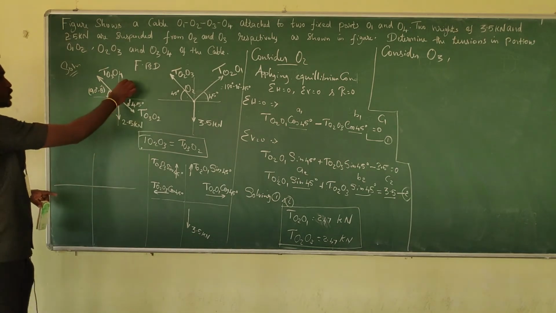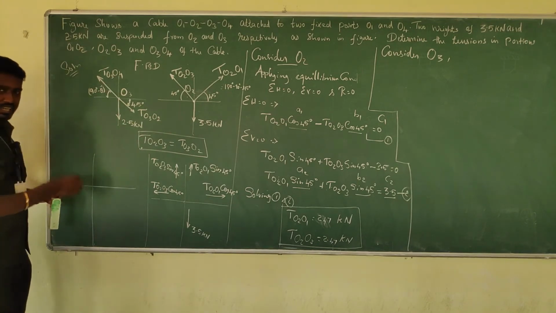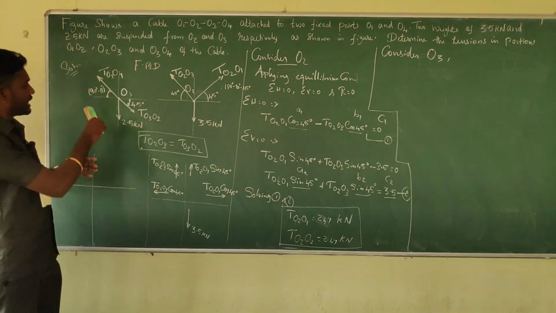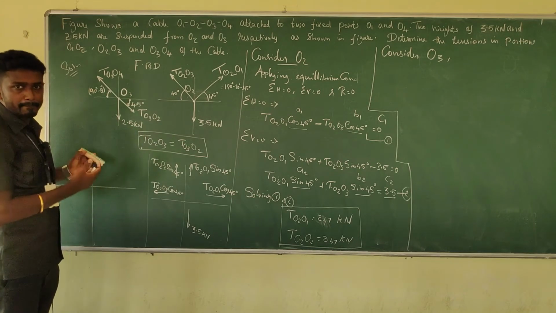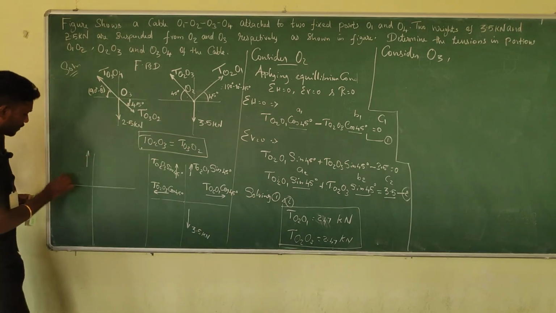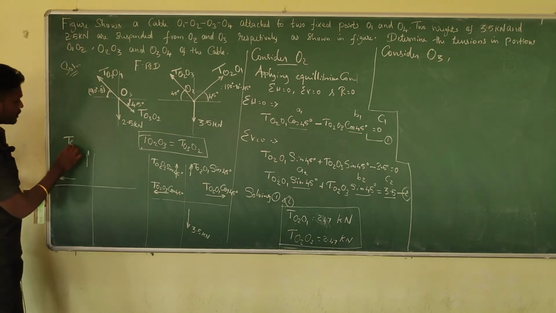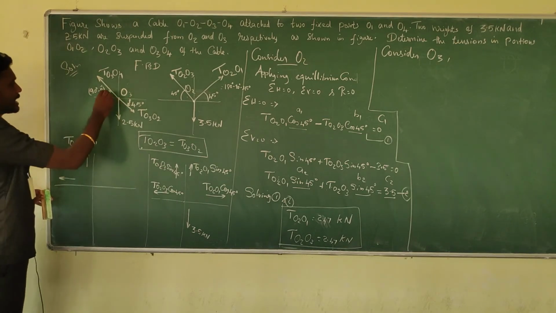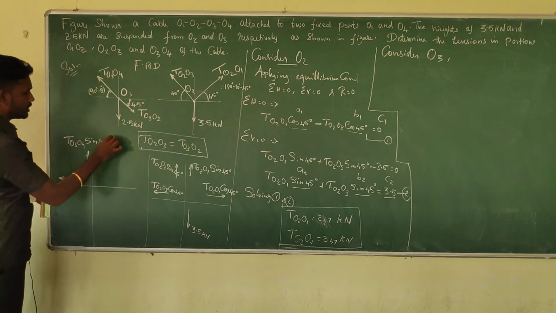In the first quadrant there is no force, and in the second quadrant there is an inclined force, moving partially vertically up and horizontally left. This is how the force will be. To designate the force TO3O4, the vertical component is sine, with the angle given as 90 minus theta.